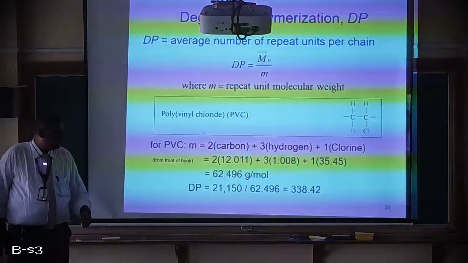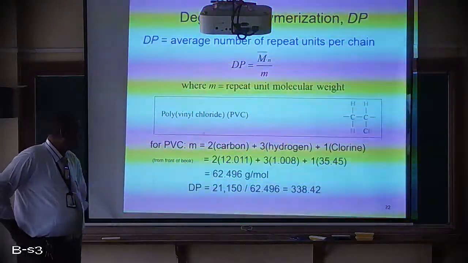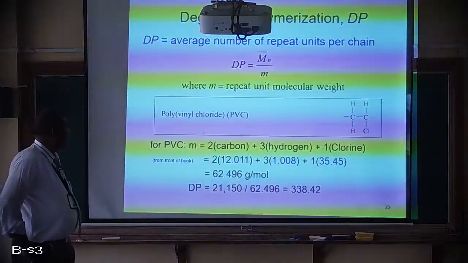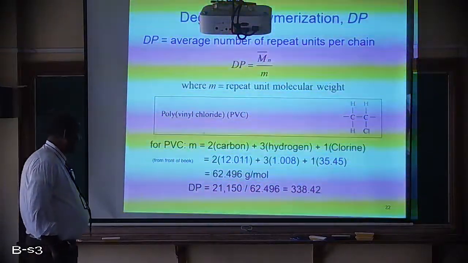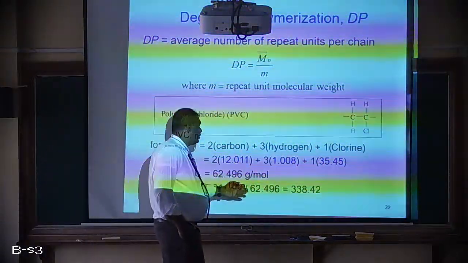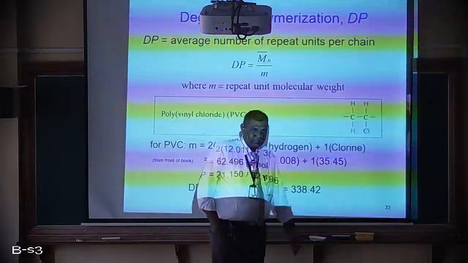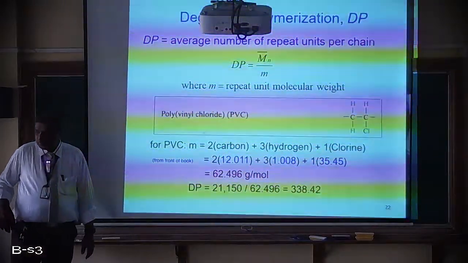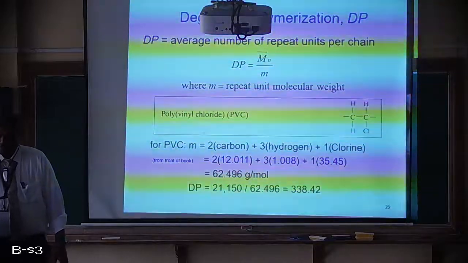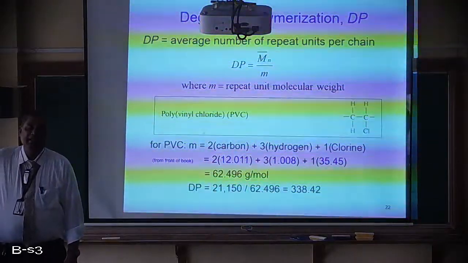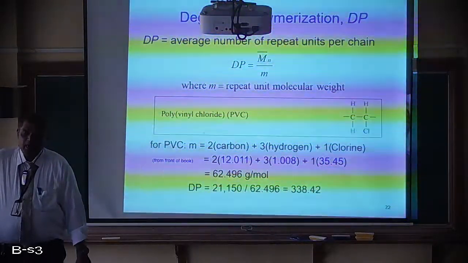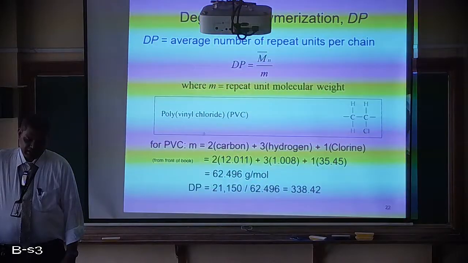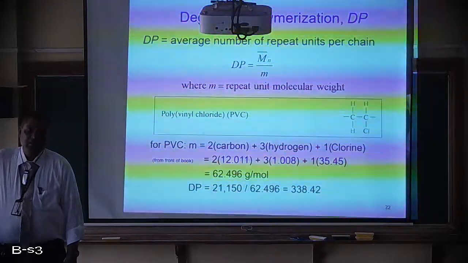So here, for the degree of polymerization, the mean is 21,150, divided by this grams per mole, and the degree of polymerization is 338.42. This is just a simple example given to calculate the degree of polymerization. Here we have taken PVC as the example.